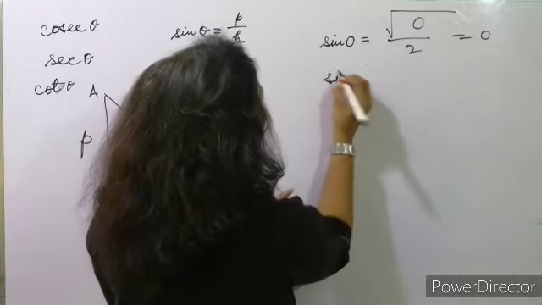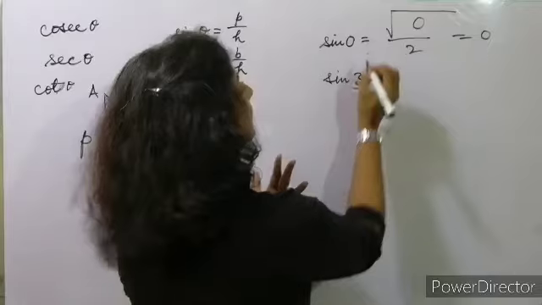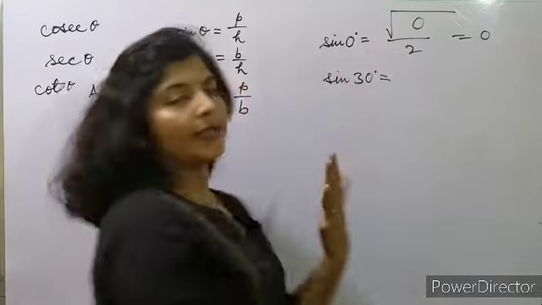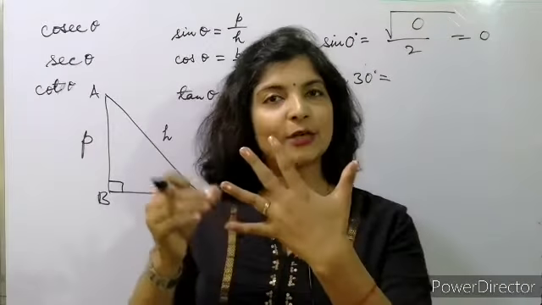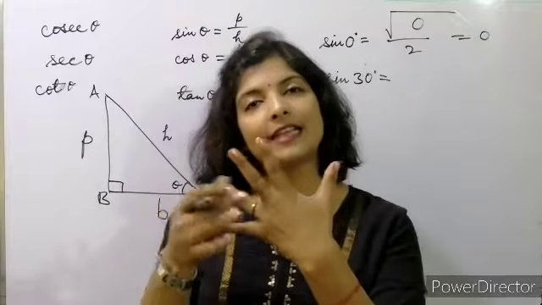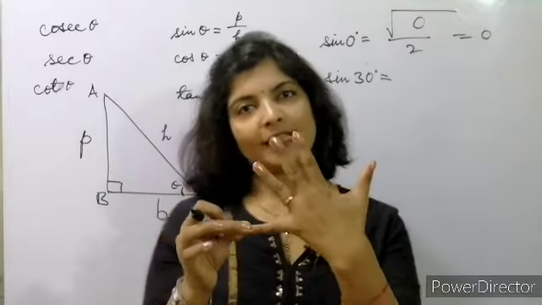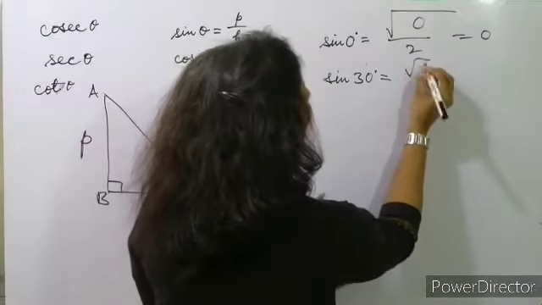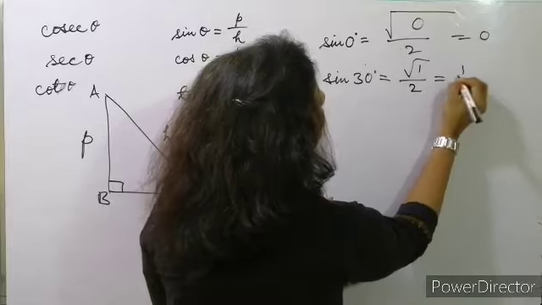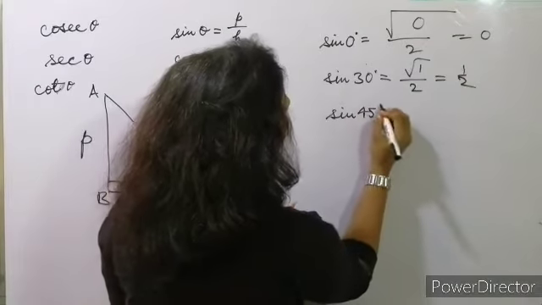Now sin 30 degree. This is 0, 30, 45, 60, 90. How many fingers are there below 30 degree? Only 1. So we'll write root 1 upon 2, that is 1 upon 2. Now sin 45 degree.